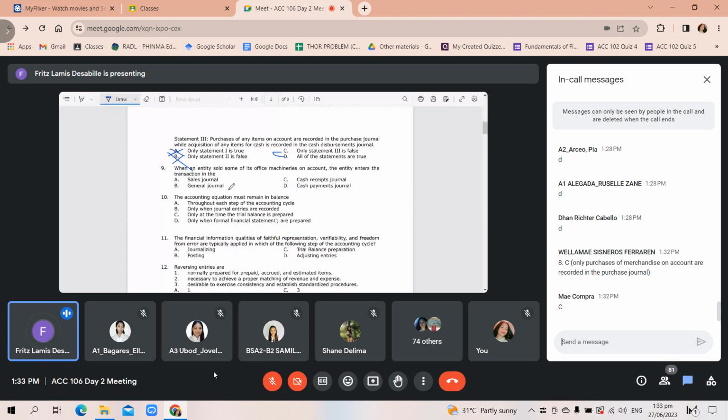Statement 3, purchases of any items on accounts are recorded in the purchase journal, while acquisition of any items for cash is recorded in the cash disbursement journal. Unsa man to ko gi-mention ganina? Statement 3, true or wrong? True or false?